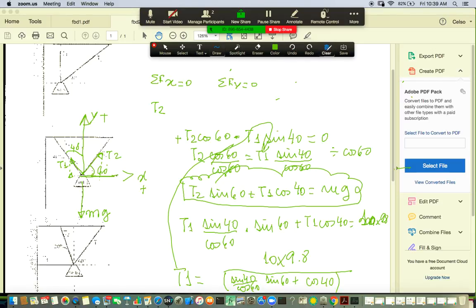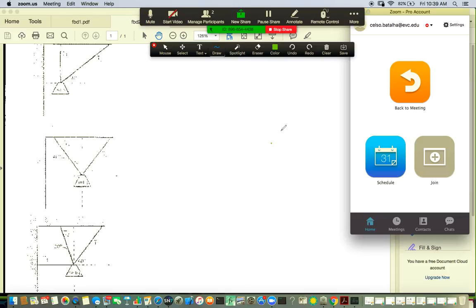Let me clear this. Now we have a different situation with the mass and three cords. I'm going to do the same thing.